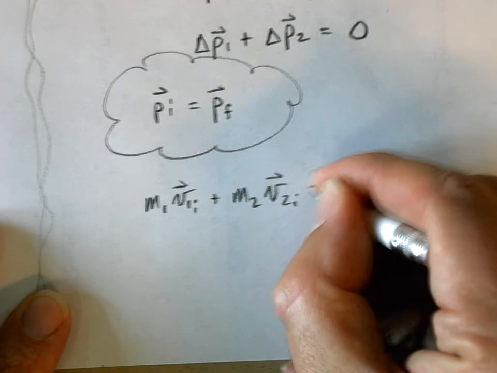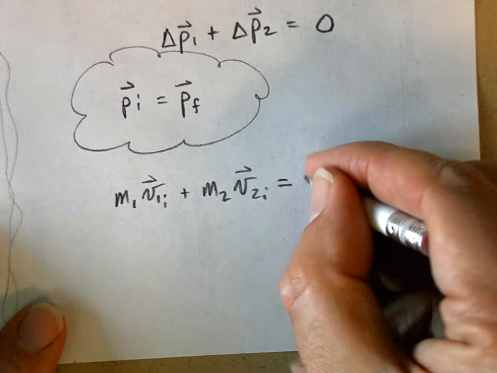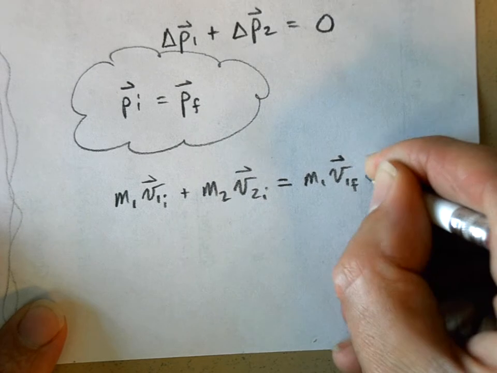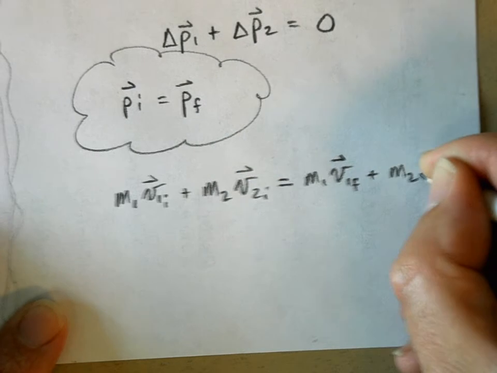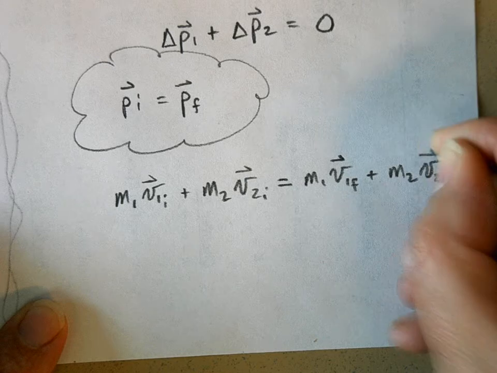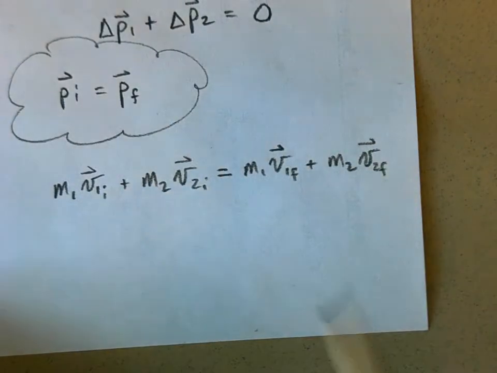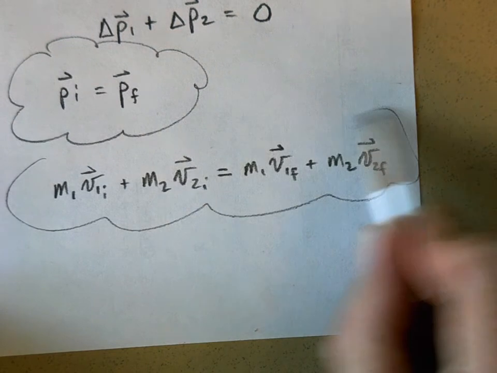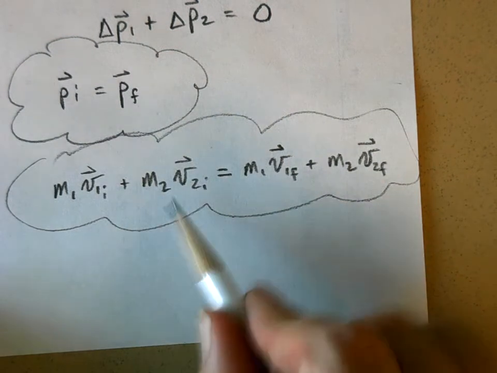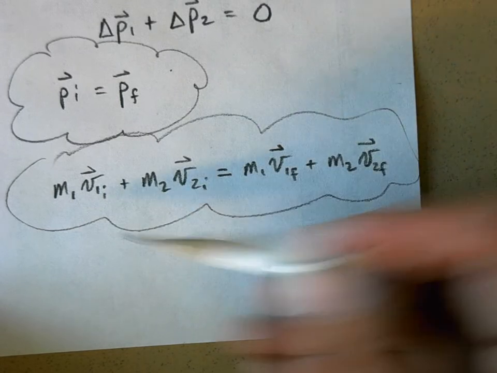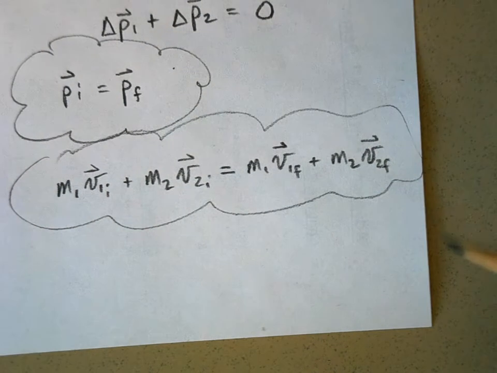Well, that has to be equal to M1 V1 final plus M2 V2 final. This has to be true. This is always true for collision problems. And this is the basic equation. Yes, when you solve problems, I want you to write this down, but this is how you're going to expand it for a two-particle collision.